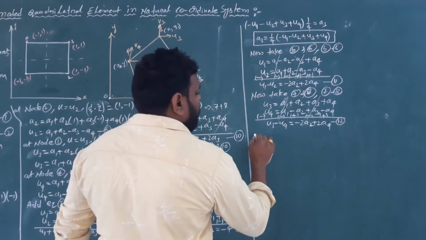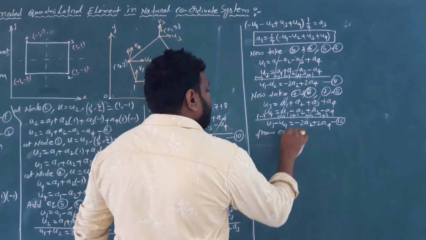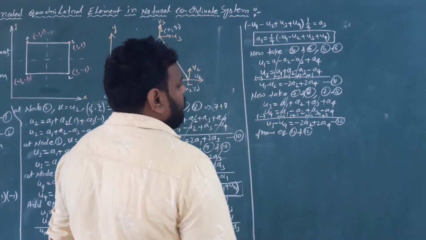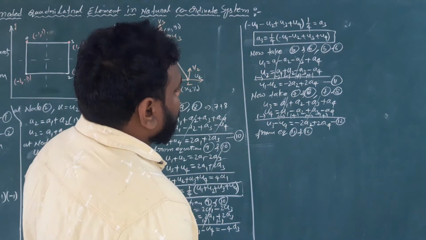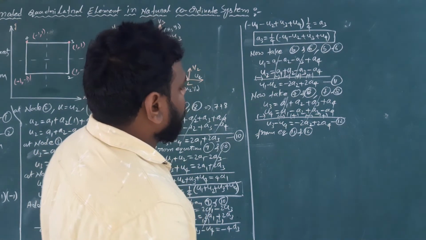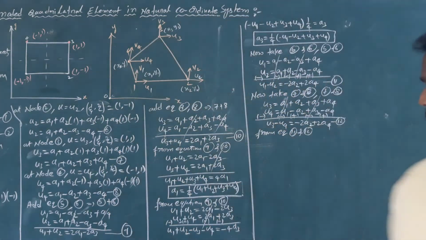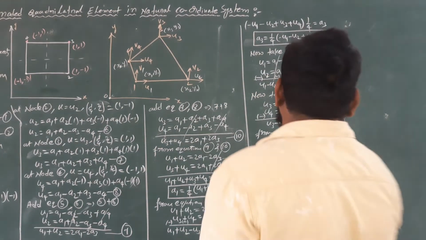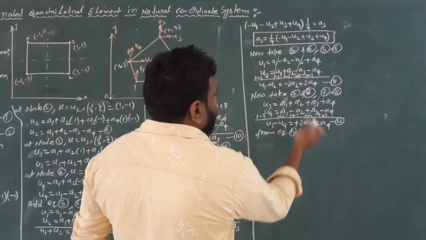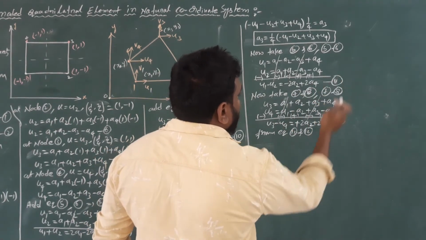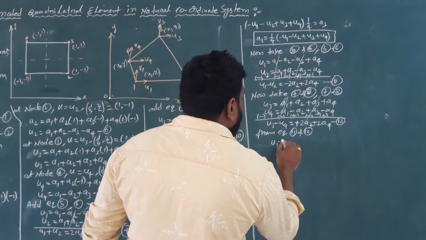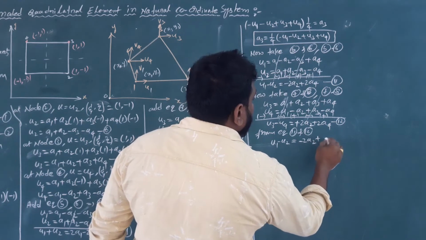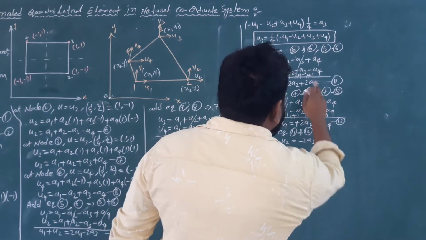Now from equations 11 and 12. Here u1 minus u2 is equal to minus 2a2 plus 2a4.